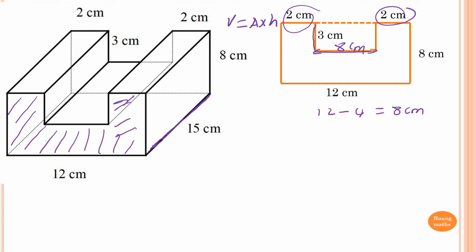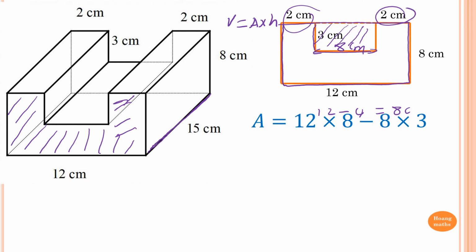To find the area of this shape, we need to find the area of the larger rectangle, and then minus this area here, which will give me the area of the front of this solid. So that is 12 times 8 minus 8 times 3.